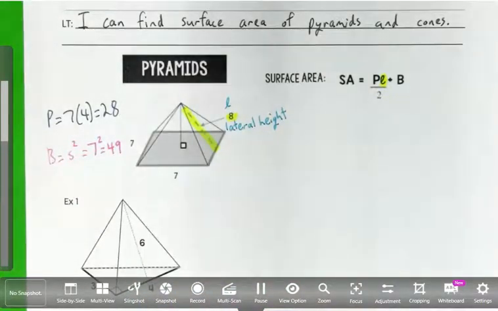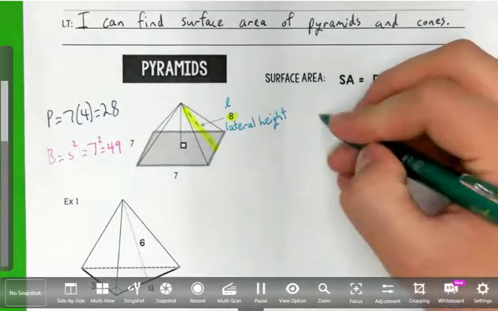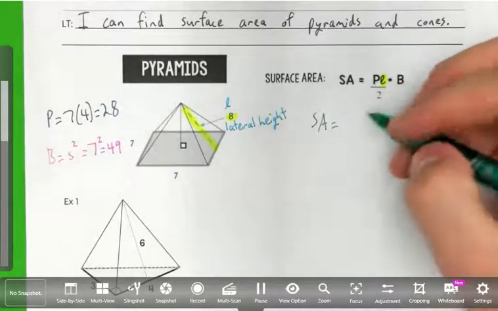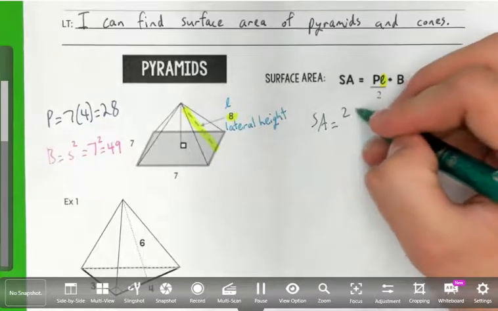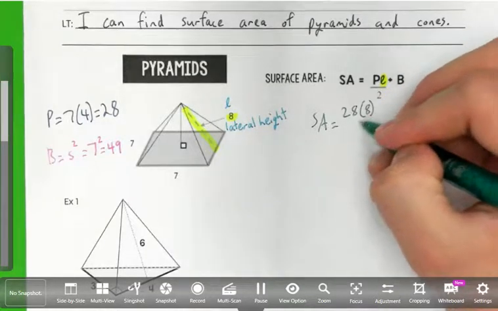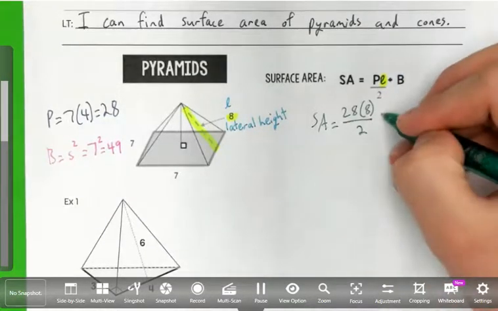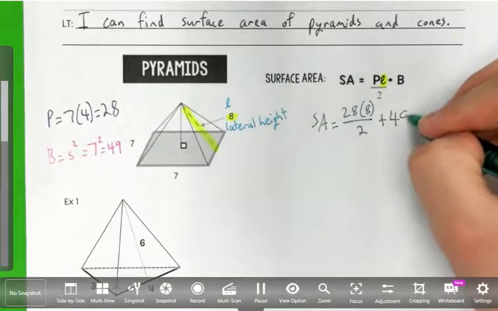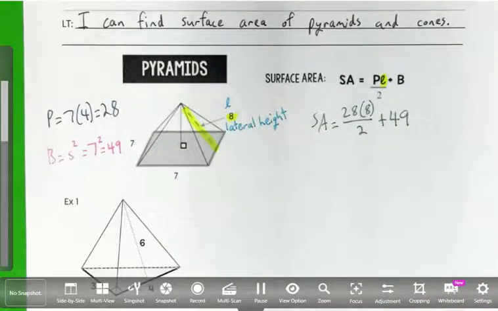We now have all three of our variables, which we can then just plug into the formula. So surface area is equal to the perimeter, which is 28, times the lateral height, which is 8. Multiply those, divide by 2. Once you do all that, you can then add 49. So putting this into our calculator, we can do 28 times 8 divided by 2.